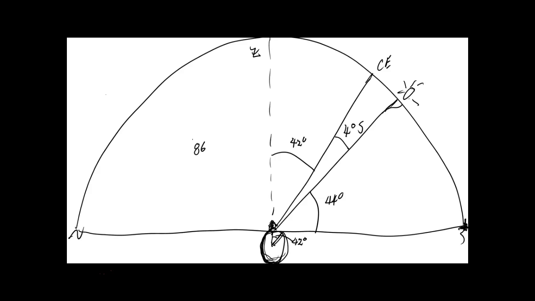So we turn to our good old analemma back here and find out what 2 days the sun will be 4 degrees south of the celestial equator.